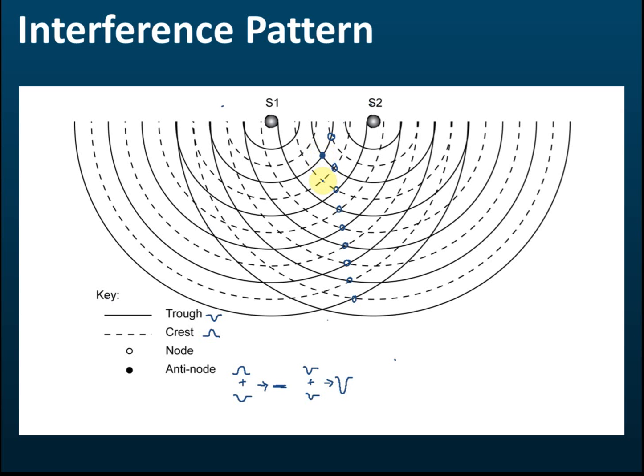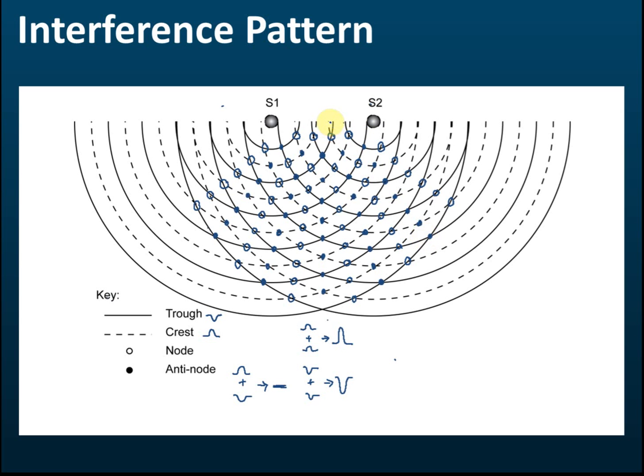Now at this point, a crest superposes with another crest, and we have learned that constructive interference occurs and the product is a bigger crest with higher amplitude, therefore this is also another antinode. So let's mark all these antinodes here. Now these are the nodes and antinodes that we can find in this diagram.